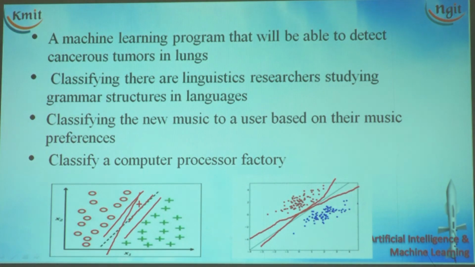Radial means it will be in a different shape. So in support vector machines, we have to fix the hyperplane, then support vectors, margin. I am just giving the words. I cannot explain all these concepts in 10 minutes. And then kernels. Radial kernel is also there.